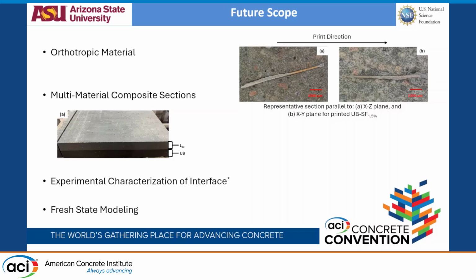We are trying to model multiple economical composite sections and optimize these sections also. The biggest challenge will always be characterizing the interface so that we actually get the experimental value in these models. And some fresh state modeling is also required.